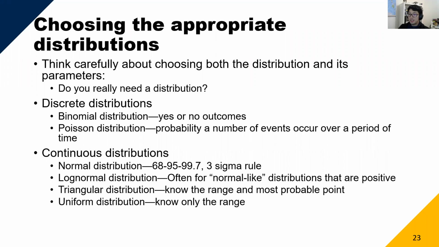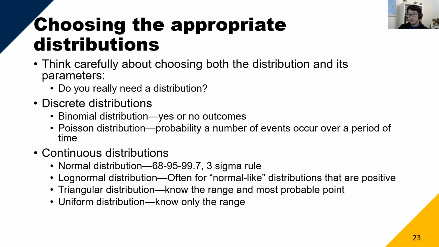You can have a Poisson distribution, which is the probability that some number of events occur over a period of time. Poisson distributions are really useful for providing distributions for really infrequent events. Common examples of these are natural disasters.